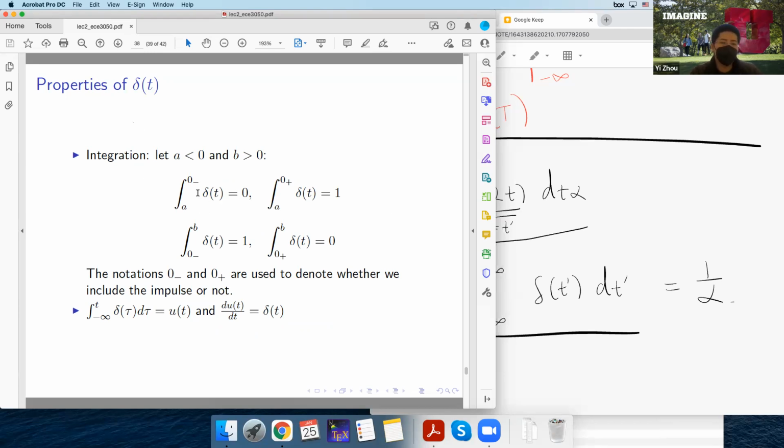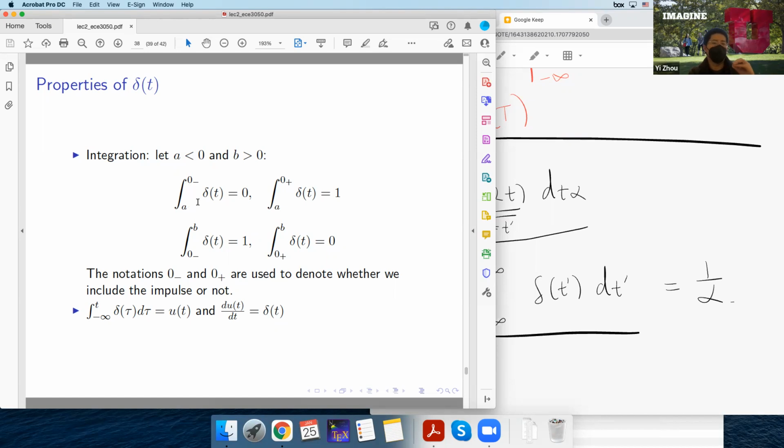Yeah, and this integration basically says that when we deal with the integration of delta t, we only need to consider the interval around the original point. So if we are integrating delta t between a and 0, where a is a negative number, to the left, to the negative part, this means the integration never touches the original point.